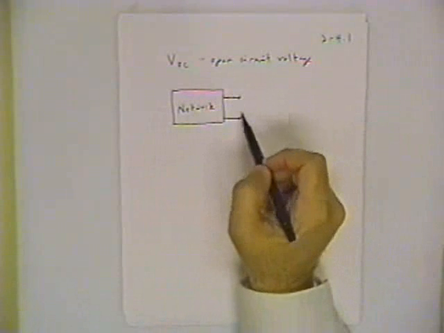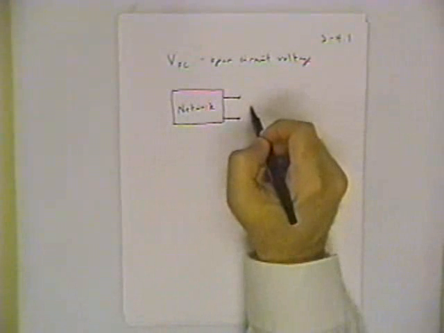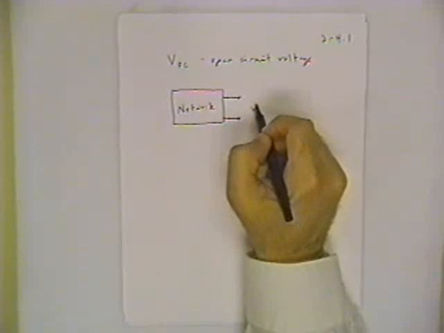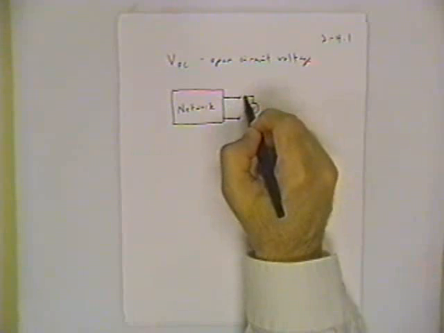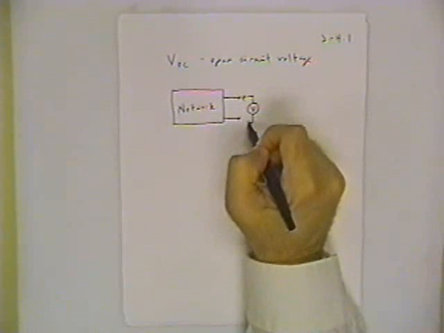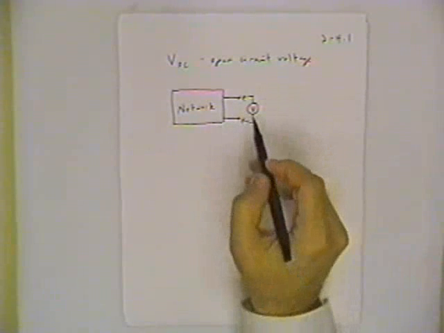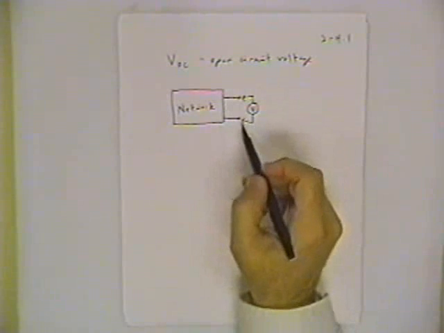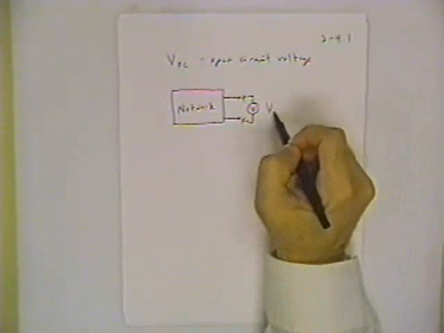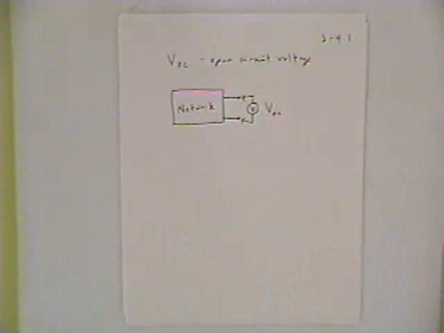Well, I simply look at the open terminals here and attach a voltmeter. Symbol for a voltmeter is just a V with a circle around it. And I usually like to give little arrowheads at the end here to indicate these are like probe wires attached to the network, and I just measure the value of that open circuit voltage.